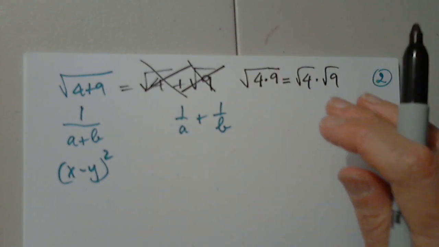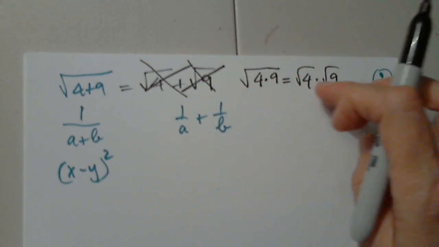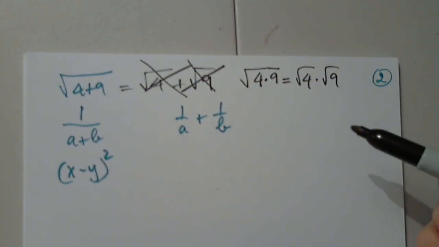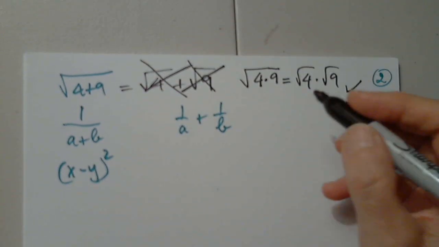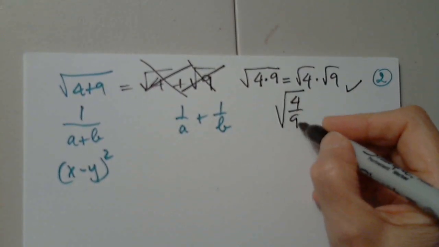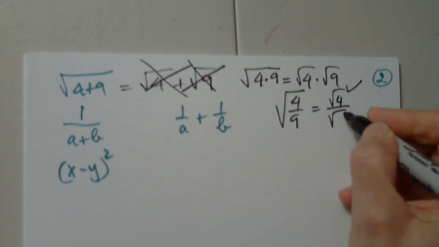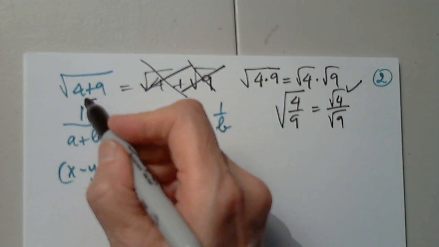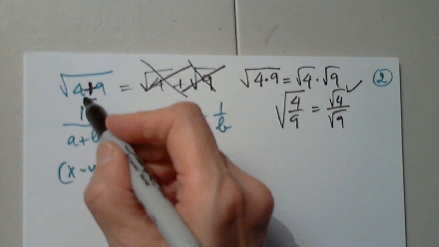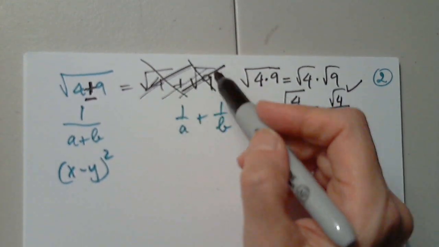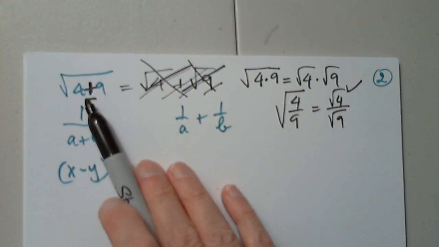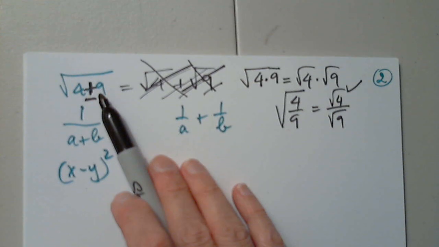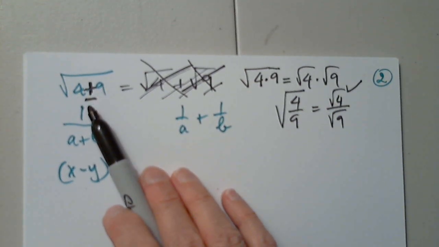Otherwise, it doesn't work. But 4 times 9 and 4 and 9 are real numbers, so yes, I can write this. I can write it also if I have 4 over 9. Yes, I have the square root of 4 over the square root of 9. But if I have positive or negative, or in other words, addition or subtraction, no. You cannot separate the radical if you have an addition of terms or subtraction of terms.